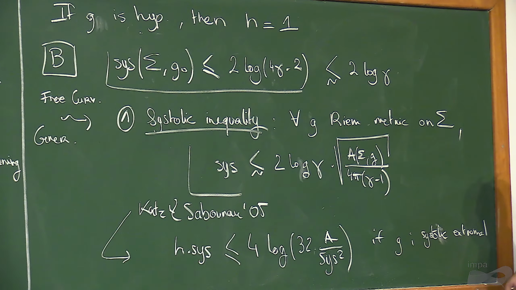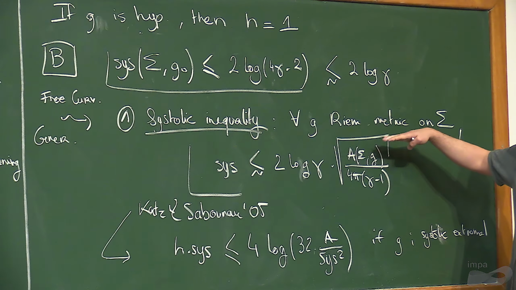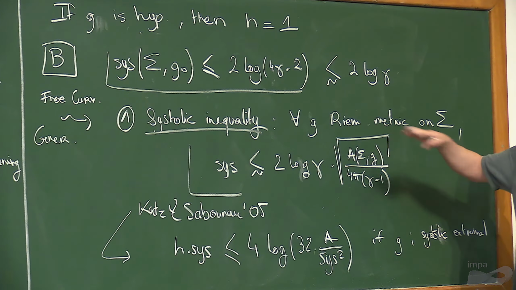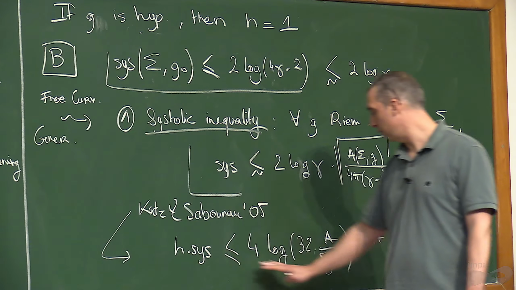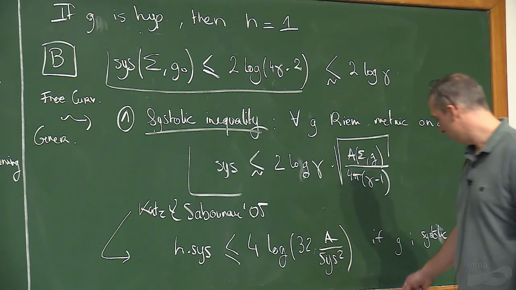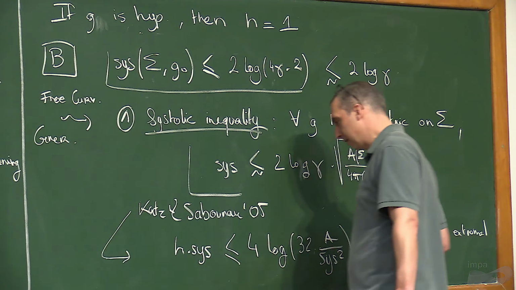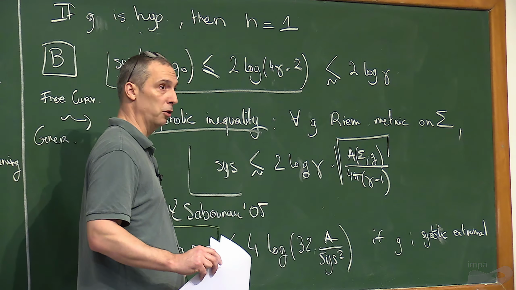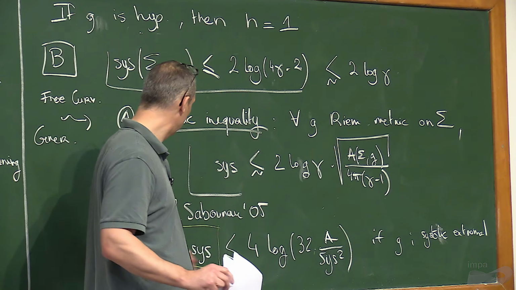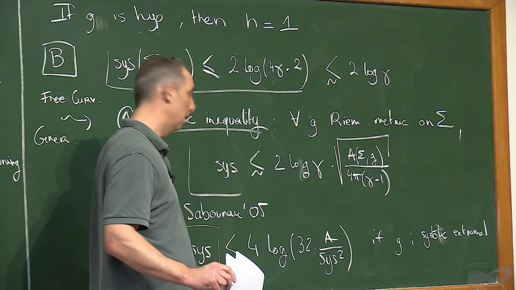I mean that you take a metric which is almost optimal for the systolic ratio, the systolic volume. Then for this type of metric, the entropy times the systole is bounded by this function. Here you can see an interesting product appears. Then you can produce a quantity which is invariant by rescaling the metric, multiplying by the entropy. So it is natural to ask if you can always bound this product, entropy times the systole. And the answer is yes for surfaces.